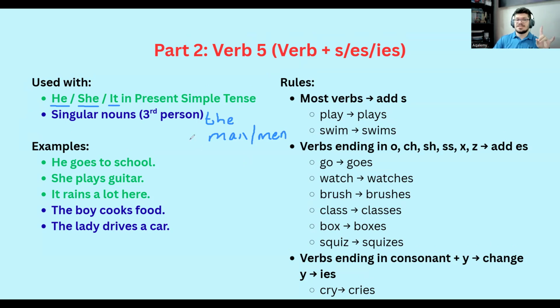Sorry, it must be singular. It must be one. The man, the boy, the female, okay, must be singular now.